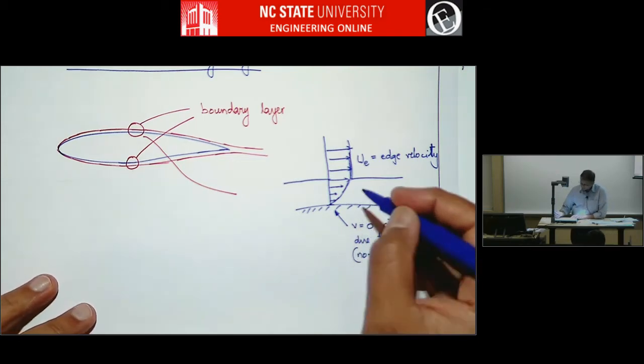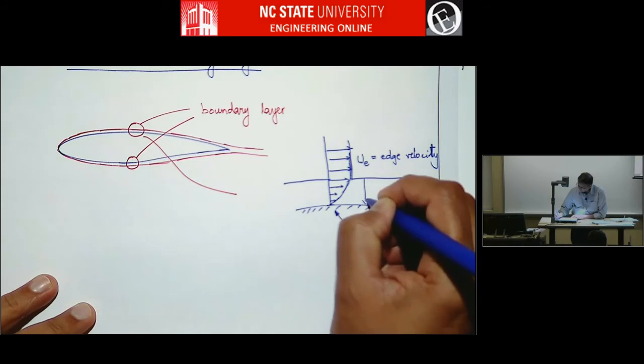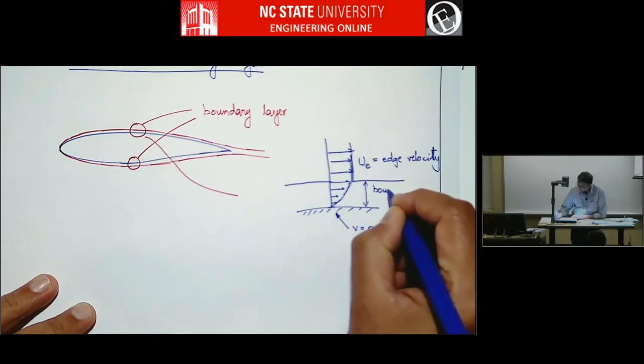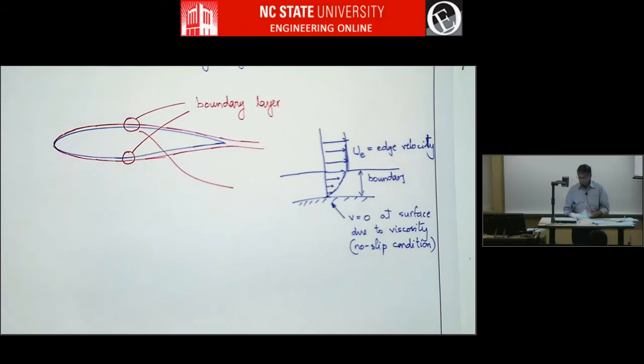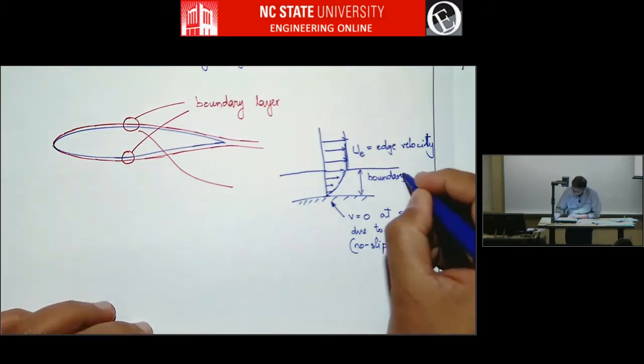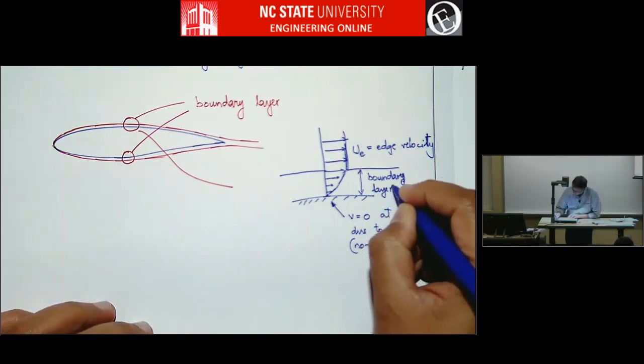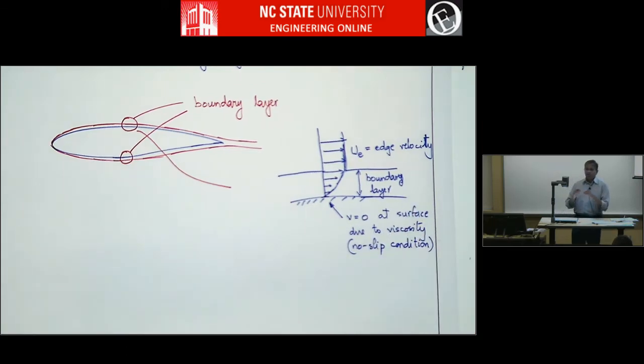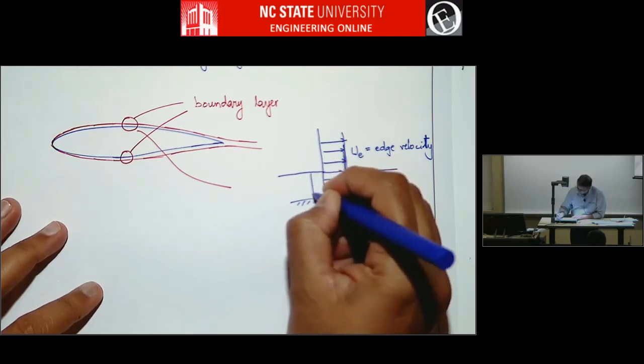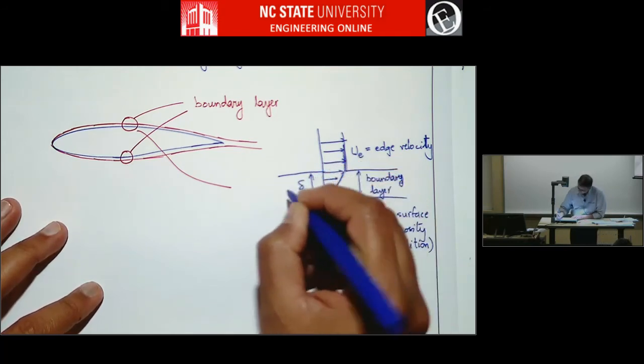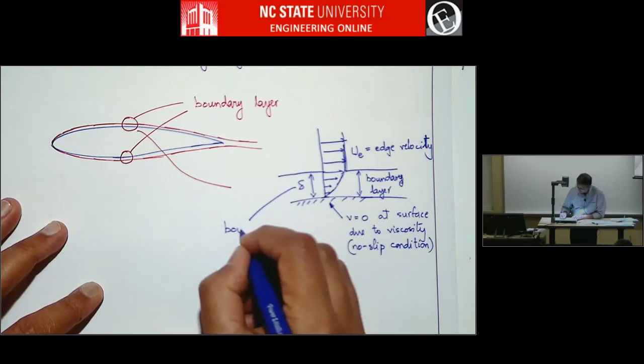And this region is called the boundary layer. So it's the small region near the surface inside which the velocity goes from 0 to edge velocity. And this thickness is called delta. This is called boundary layer thickness.